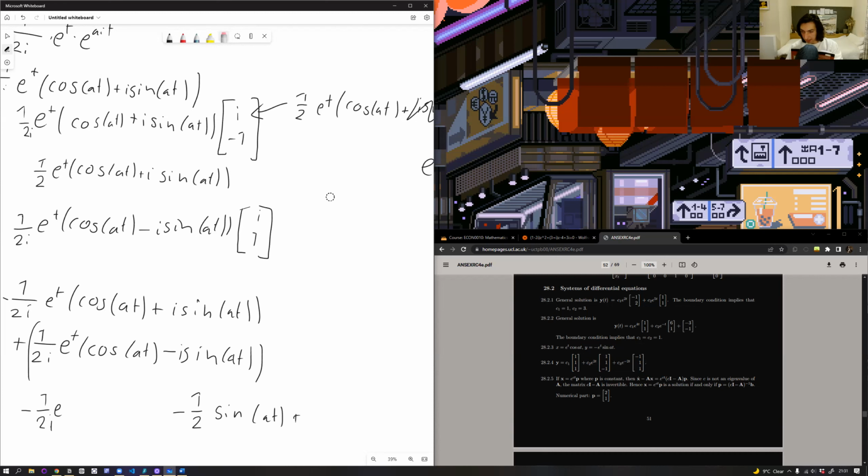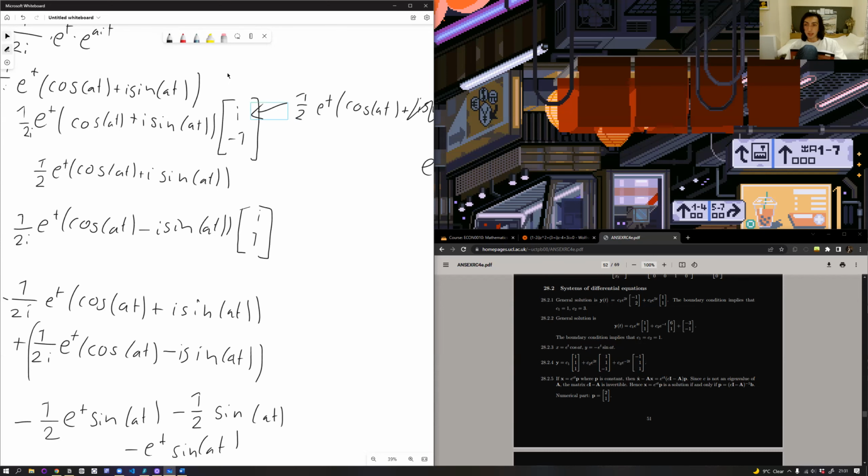We end up minusing this one again. So we have minus 1 over 1/2 e to the t sine at, which gives you negative e to the t sine at.